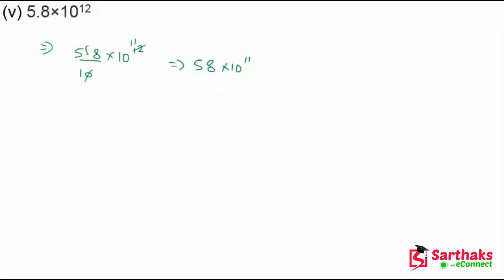It means we can write 58 and we can place the 11 zeros. Okay, 0 0 0 0 0 0 0 0 0 0 0. Okay, how many zeros are there? 11 zeros. You can count it like 1 2 3 4 5 6 7 8 9 10 11. Okay, this is the answer.